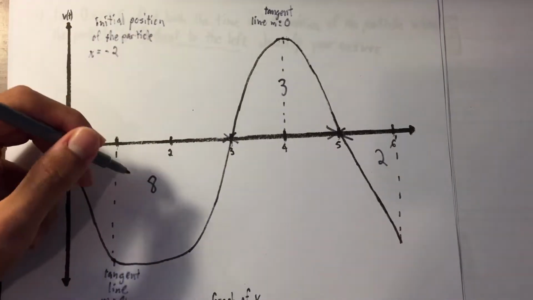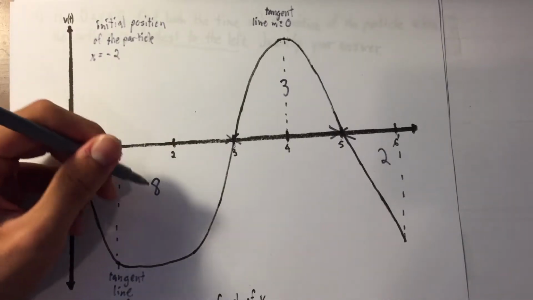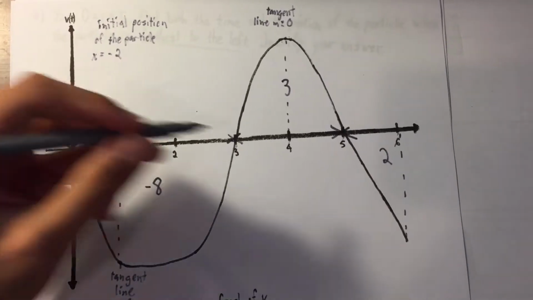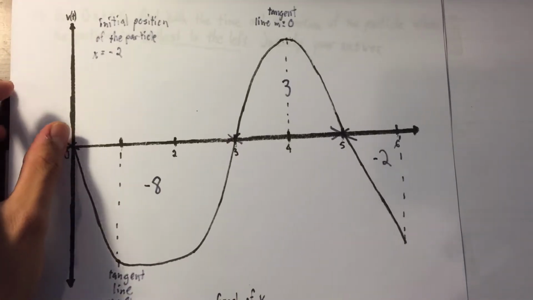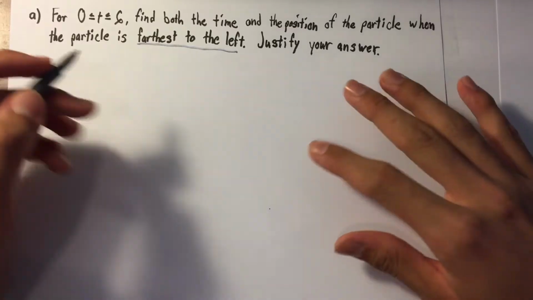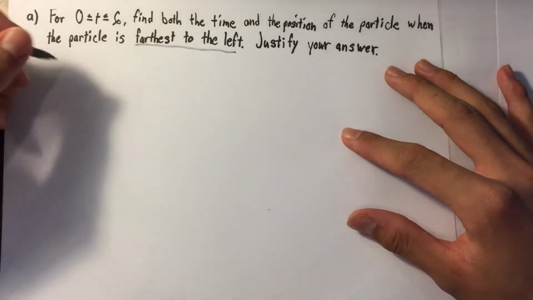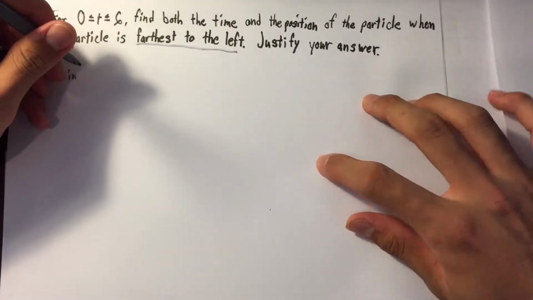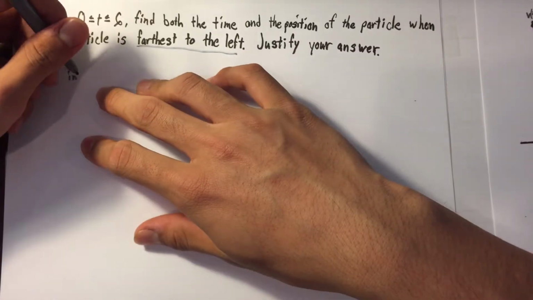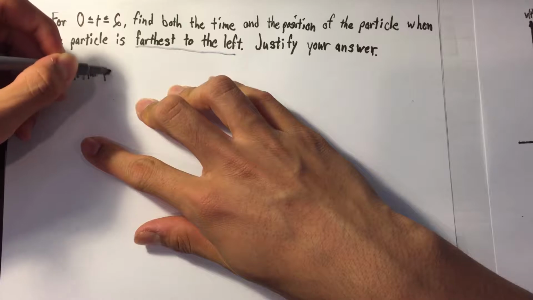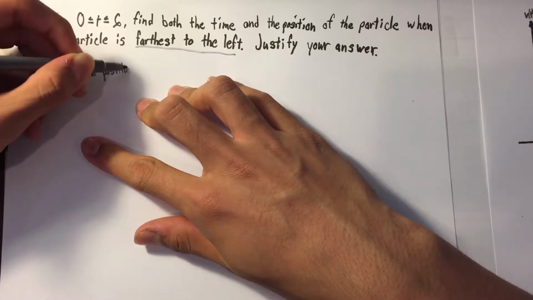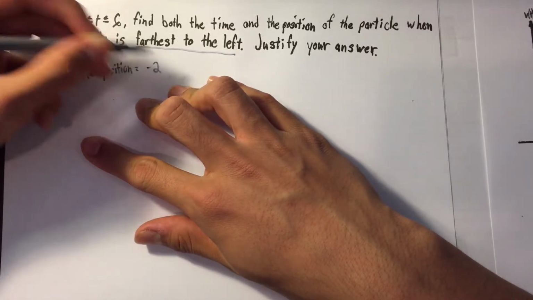Since this area is below the x-axis, this is technically a negative, and that's also negative, just for reference. So using this information, we can say that the initial position is equivalent to -2.